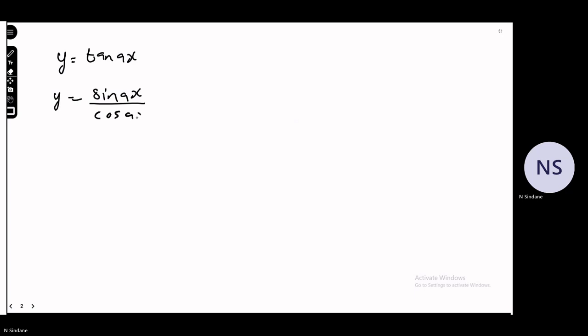Right? Now, when I differentiate this, I'm going to differentiate my numerator while keeping my denominator constant. This will give me dy over dx is equals to, differentiating my numerator, I'm going to have cos of ax in bracket, keeping this constant. When I differentiate my numerator, I'm going to have a cos of ax minus, now I'm keeping my numerator constant, which is sine of ax.